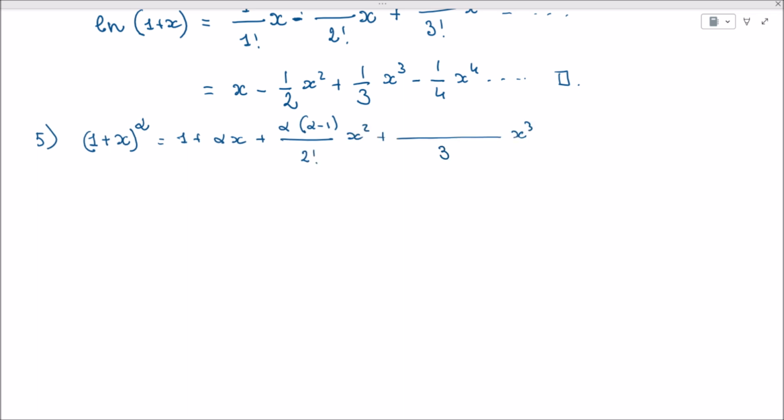It will have 3 factorial at the denominator, and there will be alpha minus 1, alpha minus 2, which is a little bit of a reminder of Newton's binomial formula, right? However, the difference is that now alpha is real, not an integer.